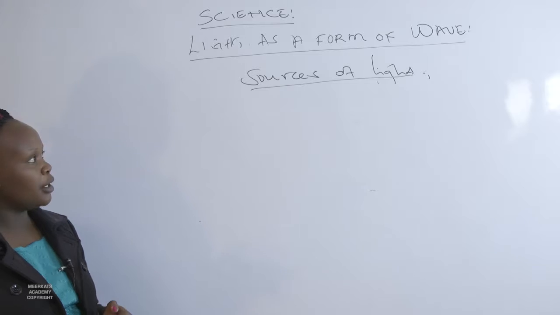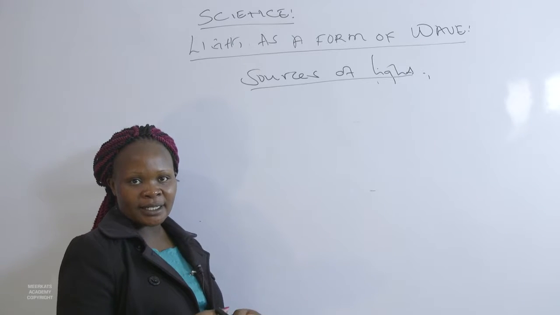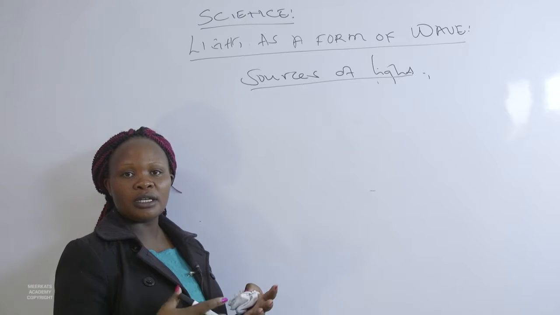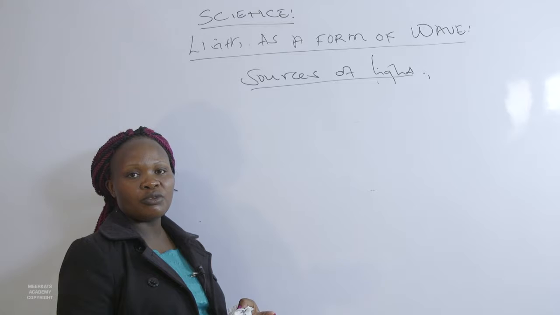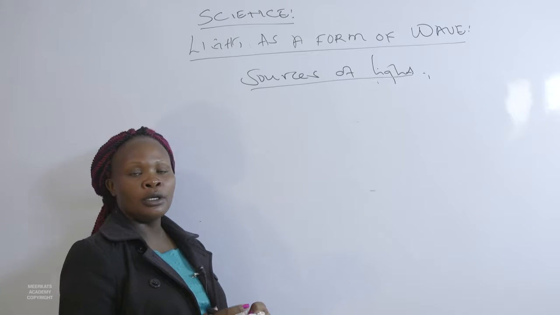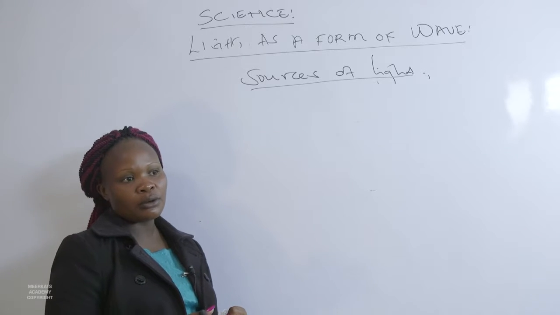depending on how materials receive light, some will let light pass through them, some will actually reflect light, some you will have light pass through them, but you might not see through them.